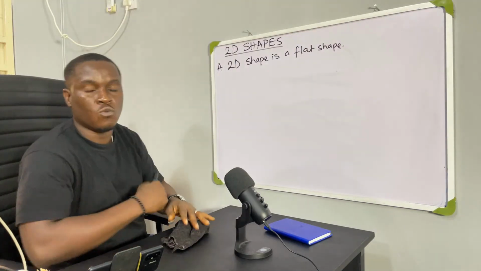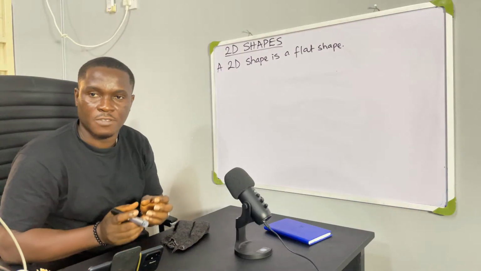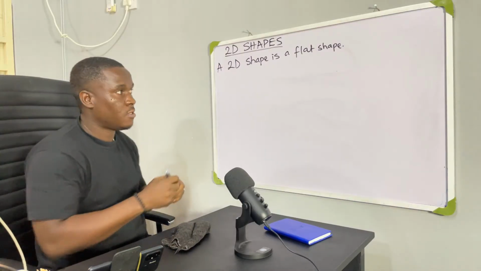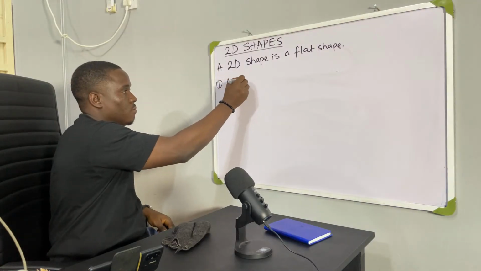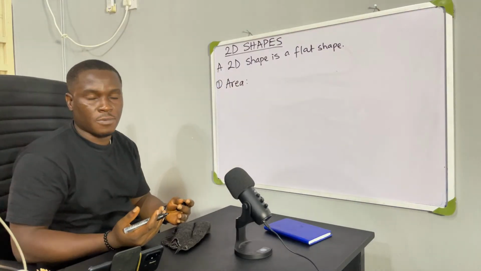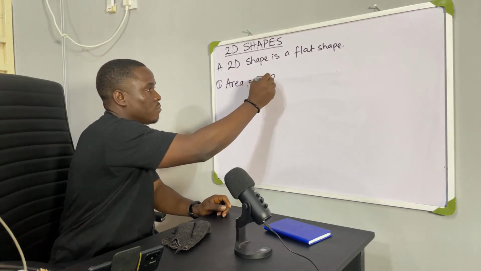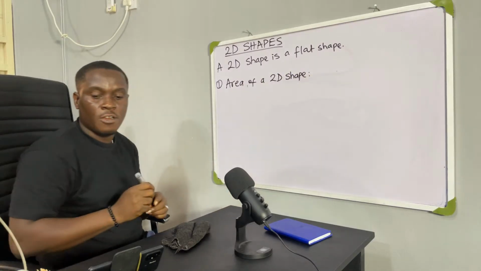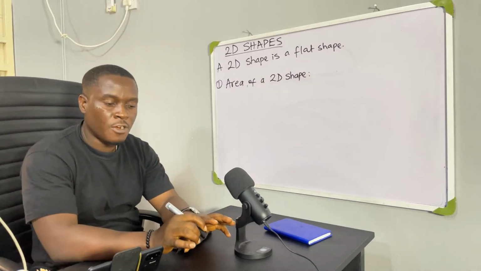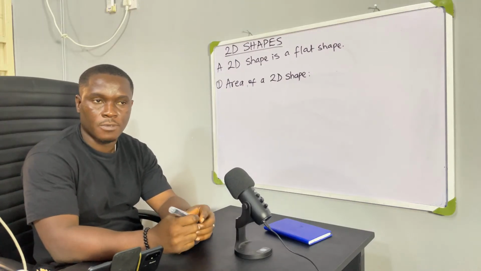Now, what will we be focusing on with these 2D shapes? Every 2D shape is divided into 2 parts. The first part is the area. The area of a 2D shape is the empty space inside the 2D shape.